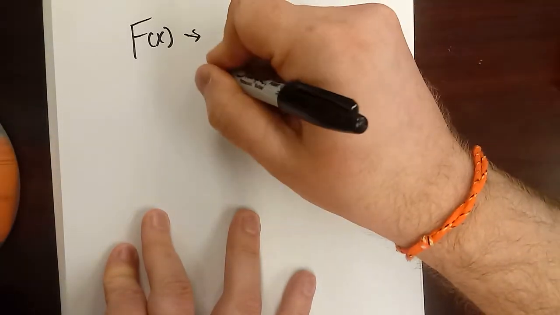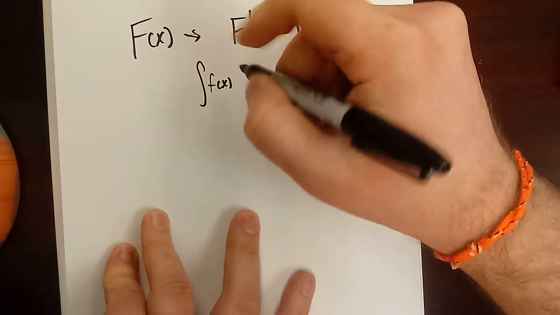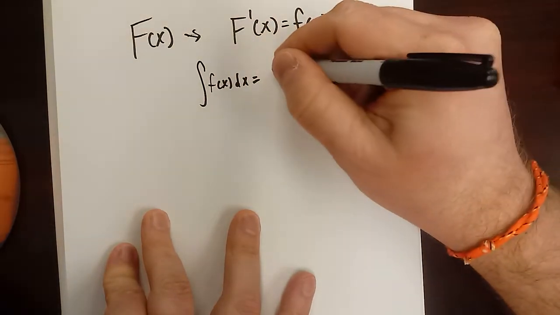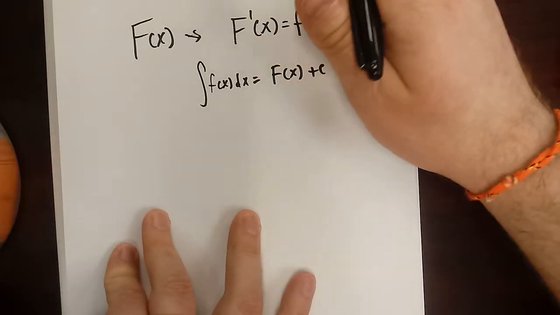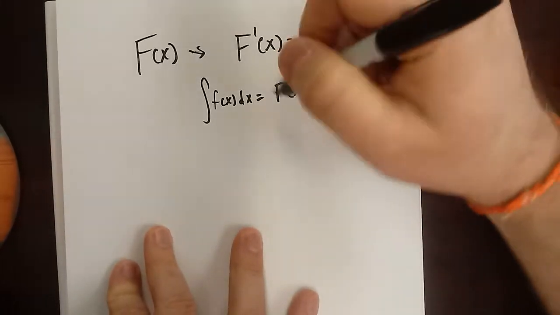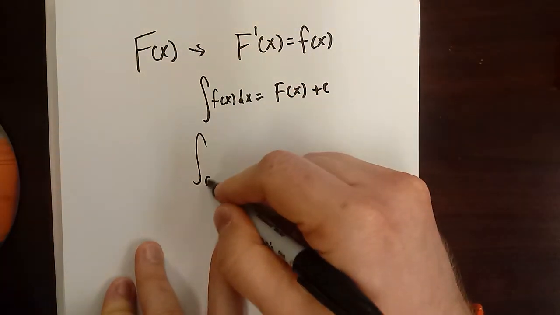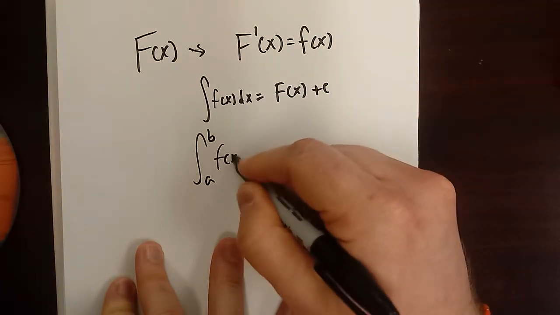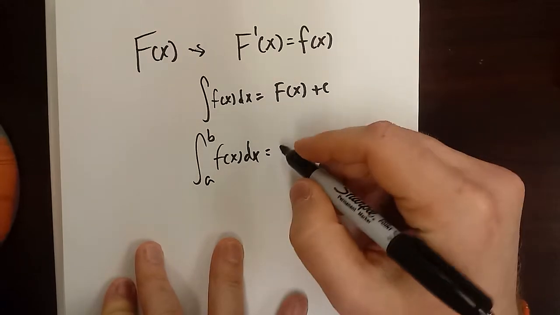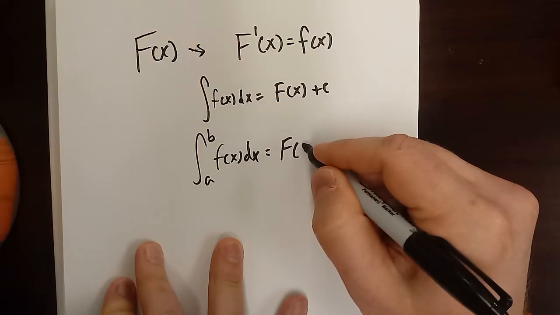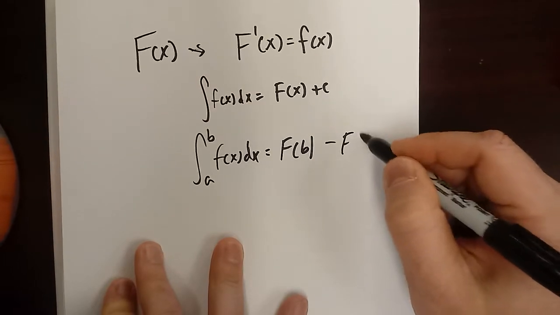But anyway, you can say the antiderivative, or the integral of f of x dx, is equal to the original function plus c. Or, instead of an indefinite integral, we could say the definite integral from a to b of little f of x dx is equal to its antiderivative, plug in b, minus its antiderivative, plug in a.